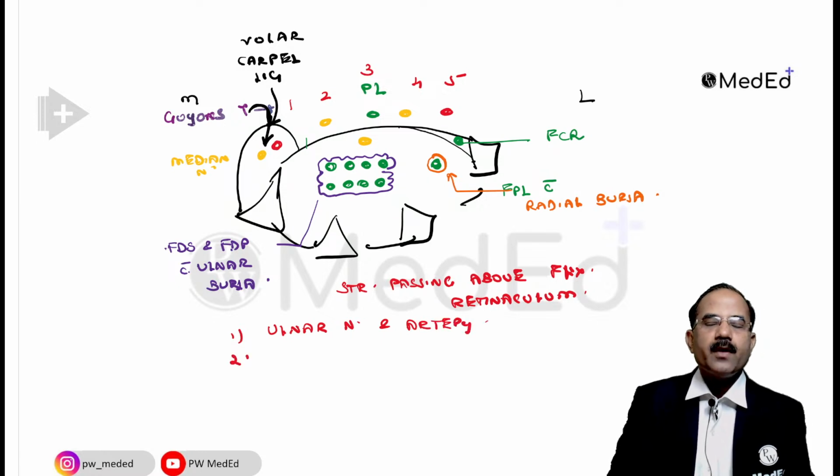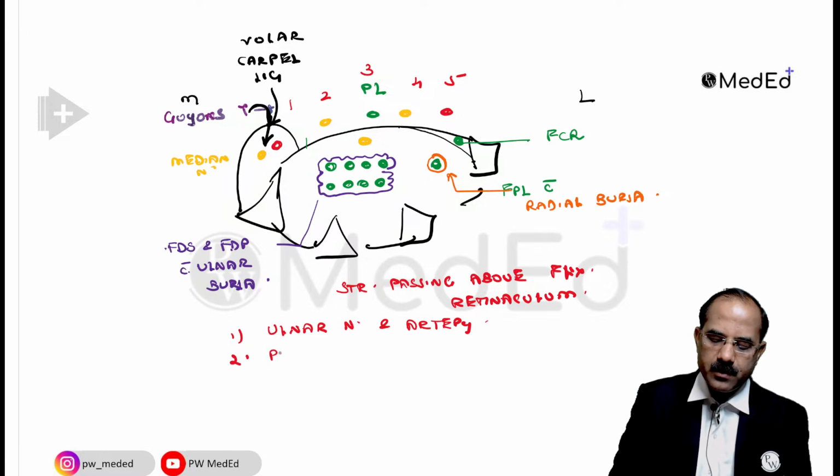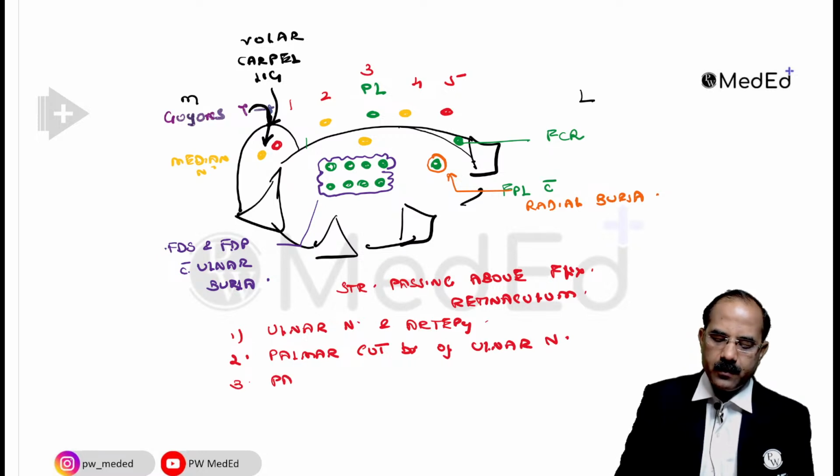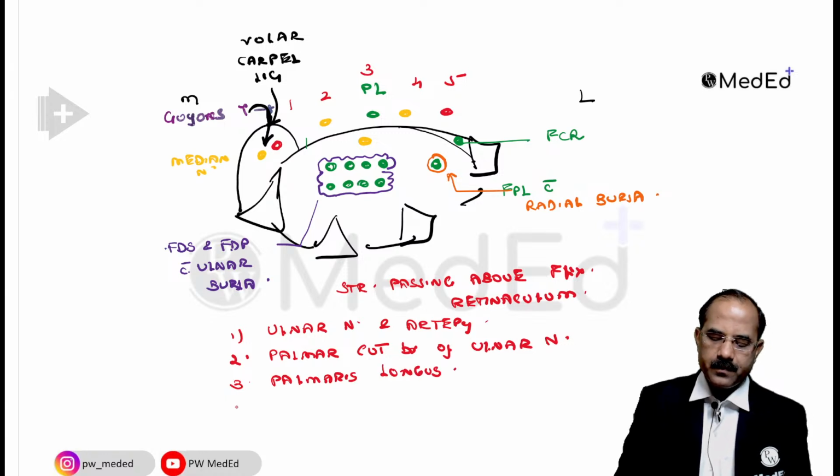Number two, what is this? That's the palmar cutaneous branch of ulnar nerve. Number three, palmaris longus. Number four is palmar cutaneous branch of median nerve.